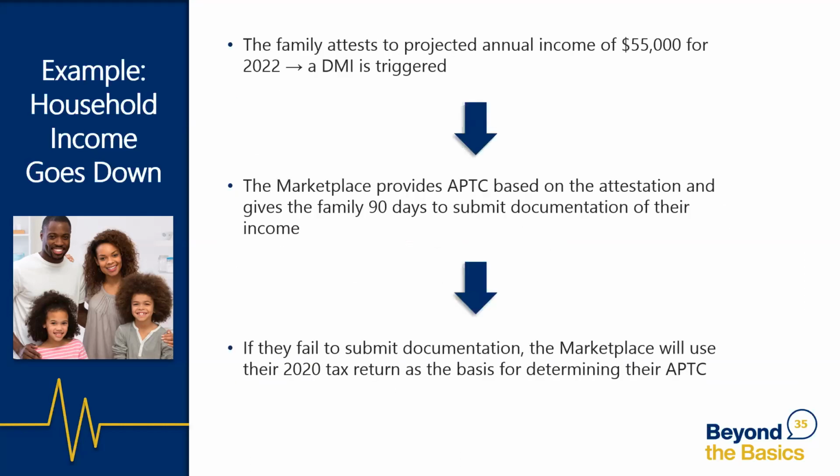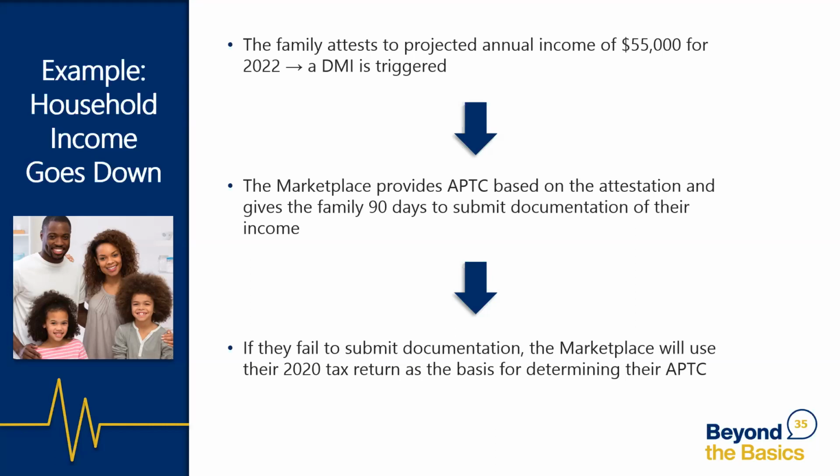So here's what's going to happen. We know the family attested to projected annual income of $55,000. The marketplace will provide APTC based on that attestation and gives the family 90 days to submit documentation of their income. And as Shelby talked about, that would be in the eligibility determination notice, or EDN, that they get after they submit their application.